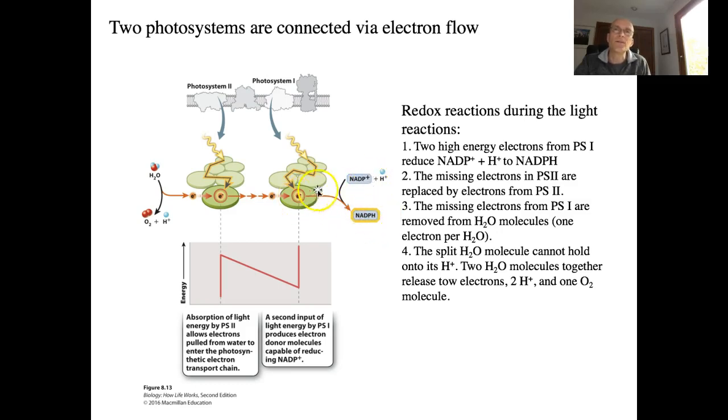So if this NADP plus is going to be reduced, it needs to gain an electron. Reduction is electron gain, right? So an electron gained, but we also said it is a gained hydrogen. So what it's doing is taking a hydrogen and two electrons, and then it produces NADPH. And NADPH, just like NADH, is a very high energy molecule that can be used to power other reactions.